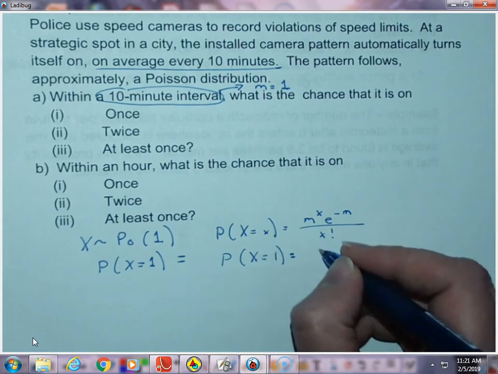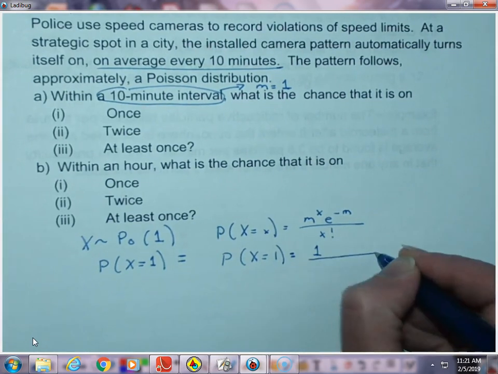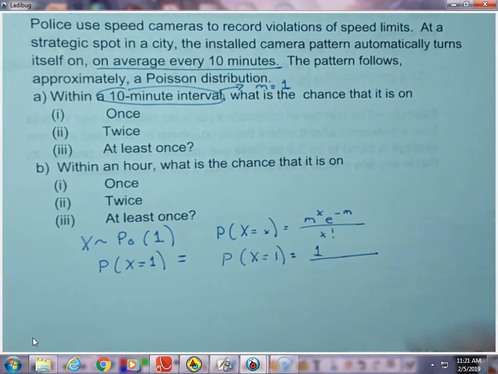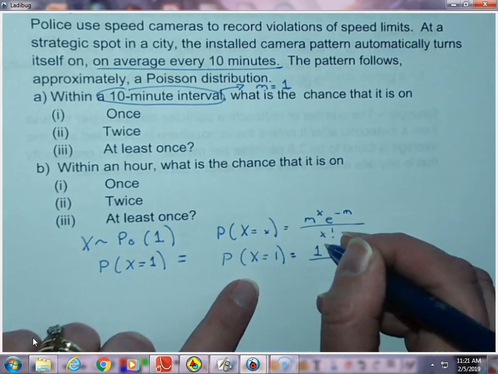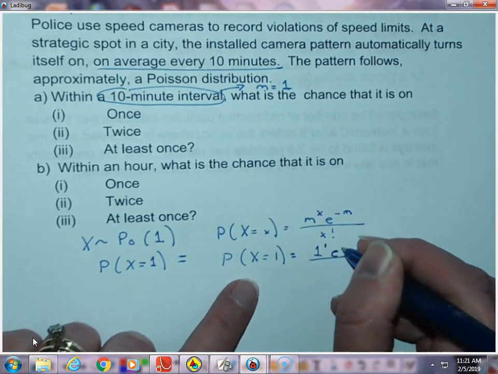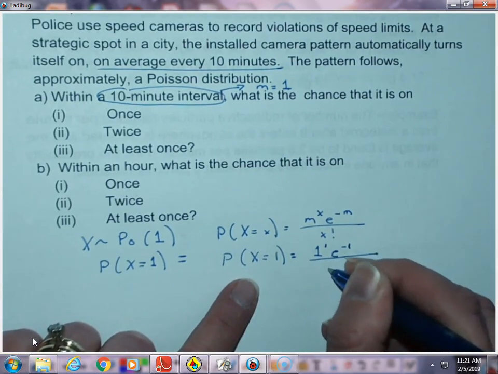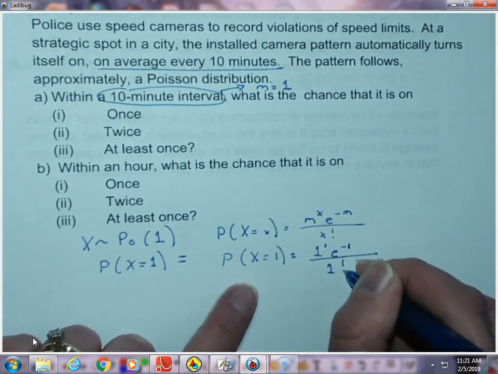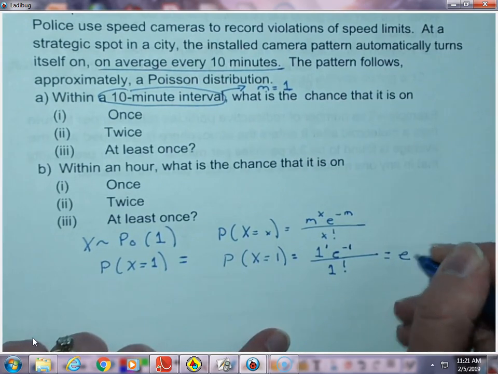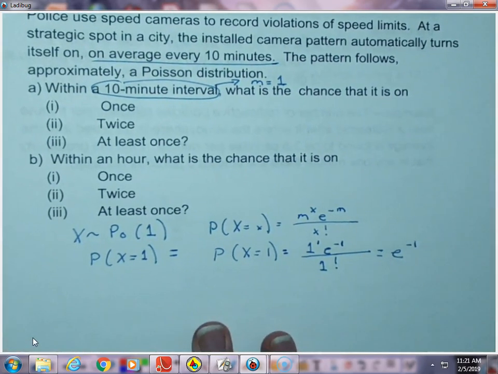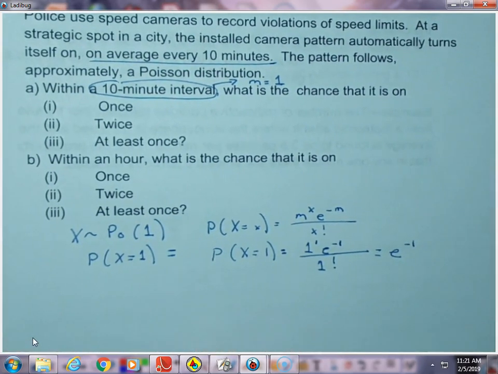For this guy, I'm expecting a decently good probability whenever it's the average. If it's far away from the average, I'm expecting something pretty tiny. Okay, so this is just 1 to the 1, e to the negative 1, over 1 factorial.